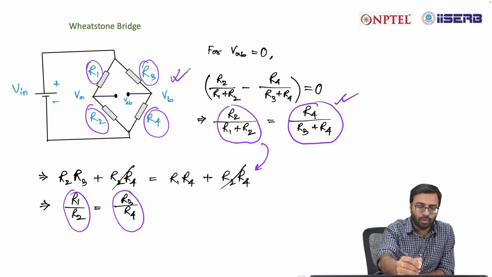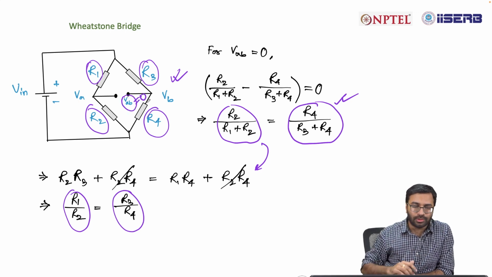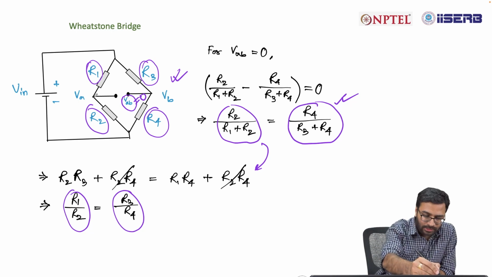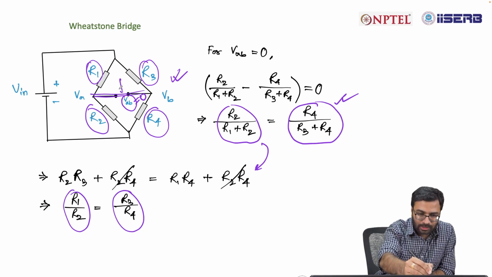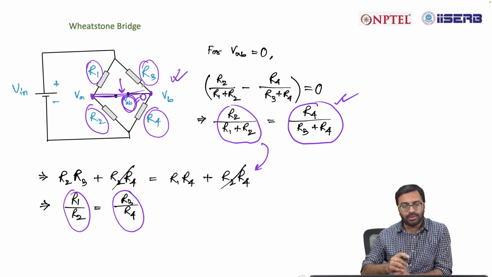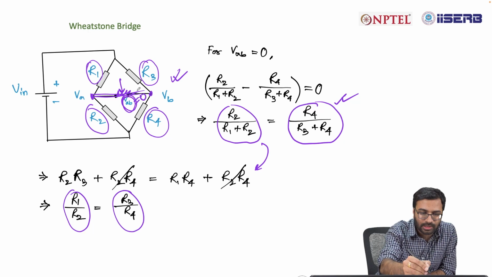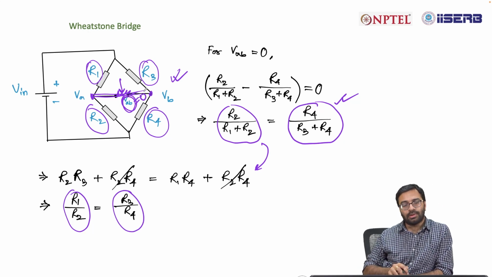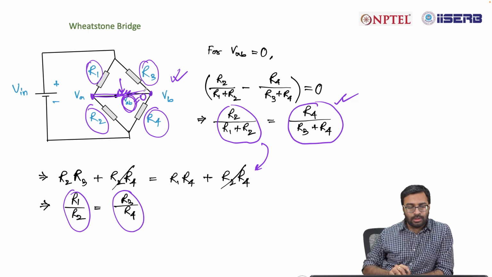That means VAB will be equal to 0, so there will be no current flowing in this particular terminal, because both are equipotential. If you connect another resistor here, you will find the current is also equal to 0.